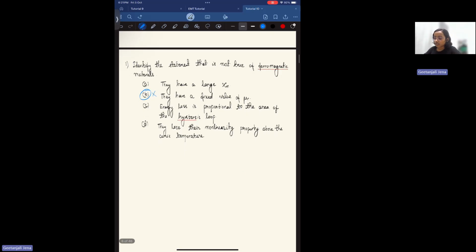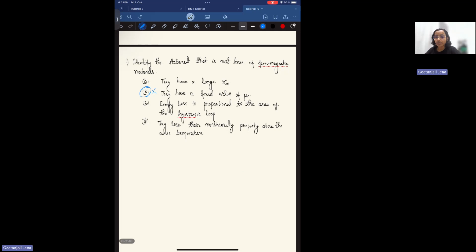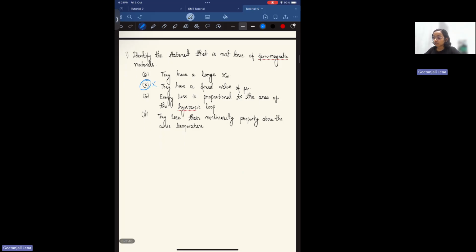And let us see the third option also, because it may happen that in a question there is more than one solution. So always check, so that you can confirm yes, the second option is wrong, and also whether any other option is right or wrong. In the third, energy loss is proportional to the area of the hysteresis loop, which is also true.